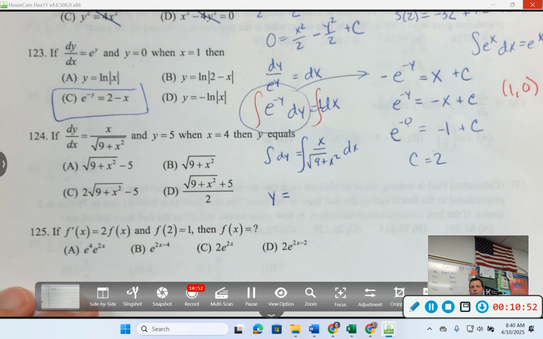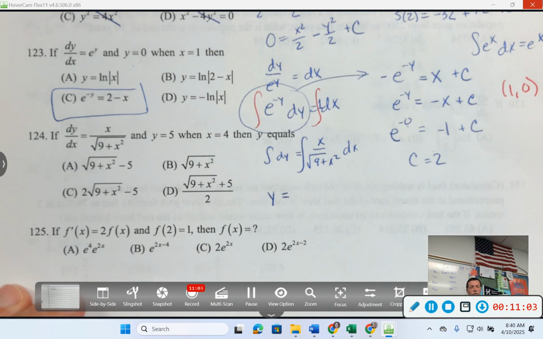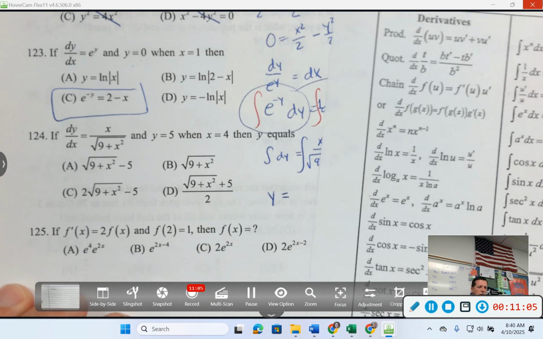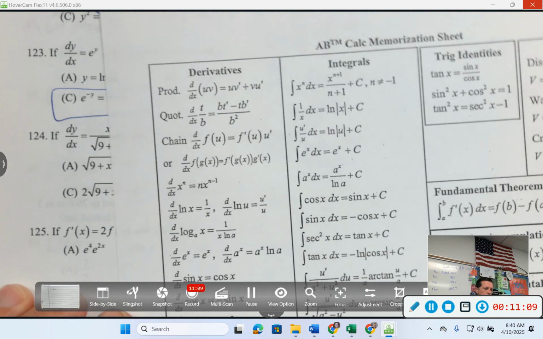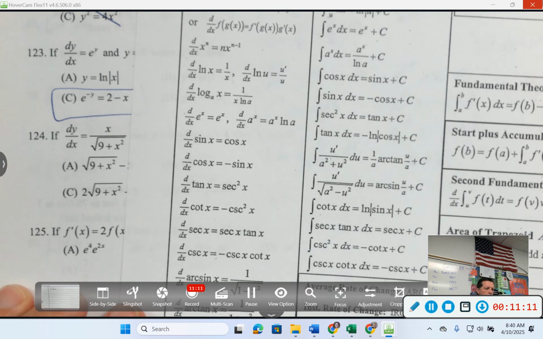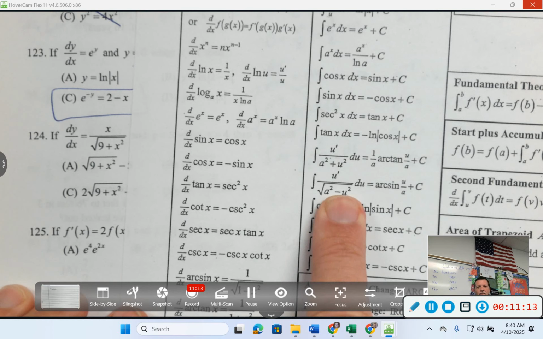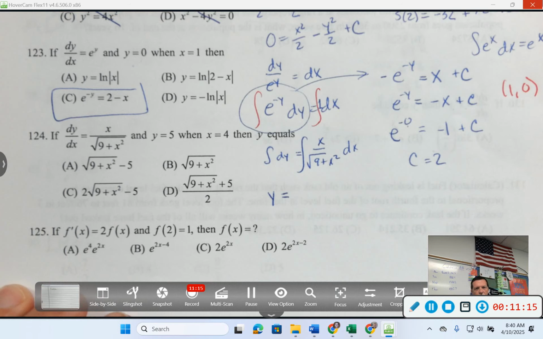The square root of 9 plus x squared looks a little bit like inverse sine. No, right, that's tangent and not square. Tangent doesn't have a square root. Sine has a minus sign though, doesn't it? Yeah, arc sine has a minus sign. So it's not arc sine.